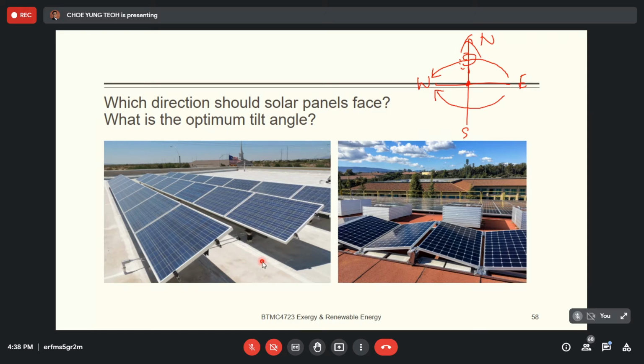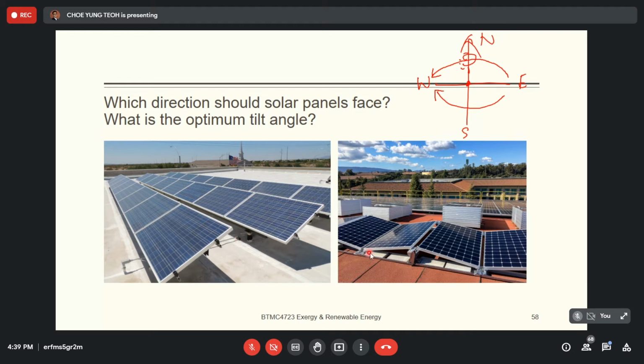You don't want shadow to fall on it. Why don't you just fully utilize the area by placing another panel which faces the other direction? Because of the angle here, the shadow will definitely not cover the panel. You will just get lower output, but there won't be any shadow.